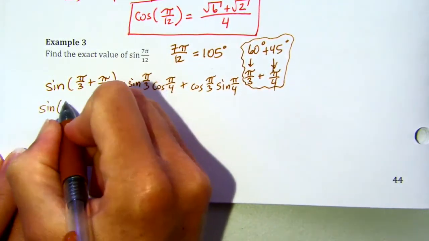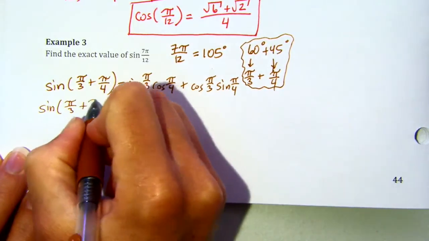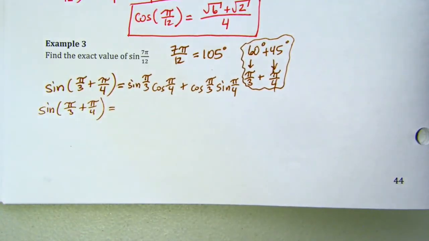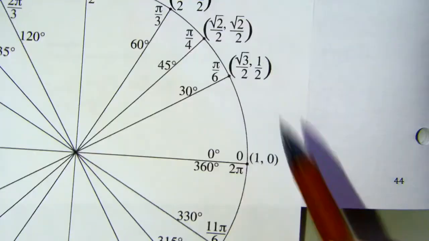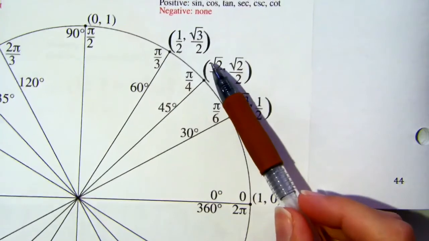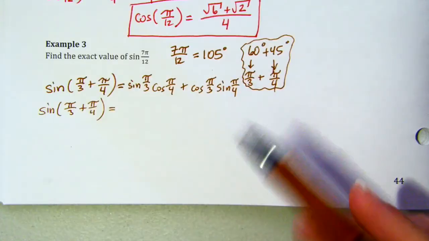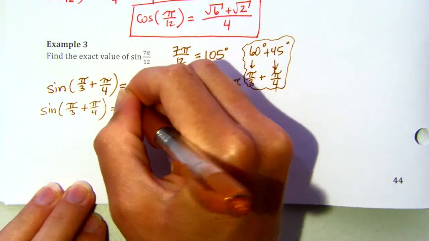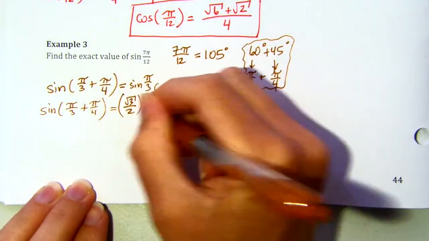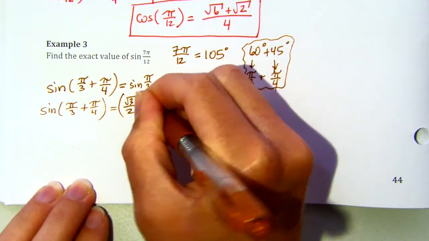Now we're going to have to evaluate. From our unit circle, sine is y. At pi over 3, our y value is the square root of 3 over 2. The cosine of pi over 4 hasn't changed from the last two problems.